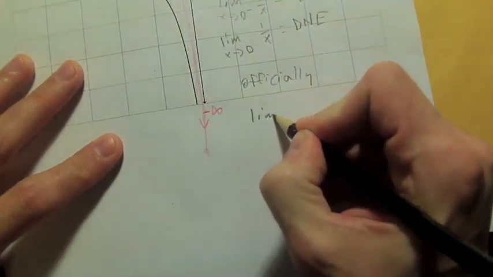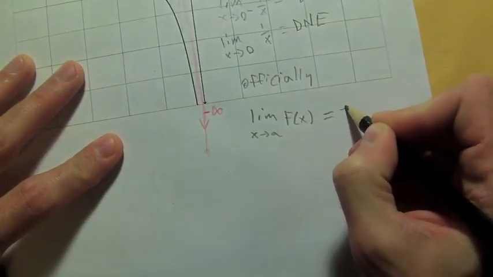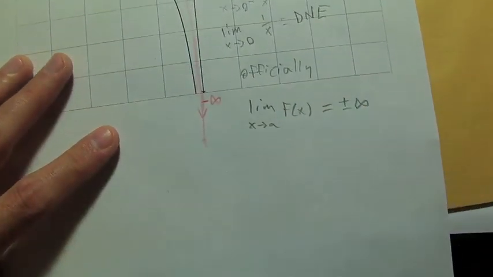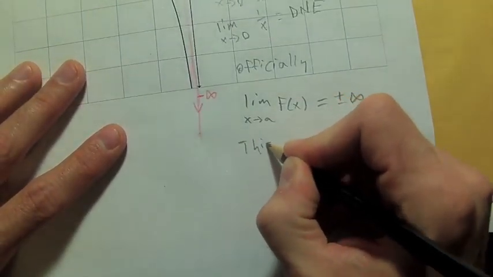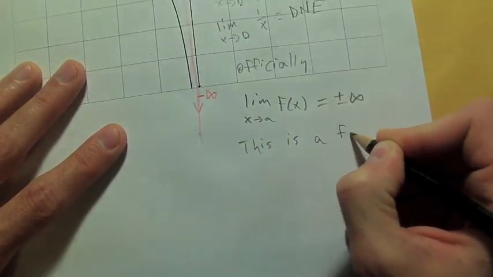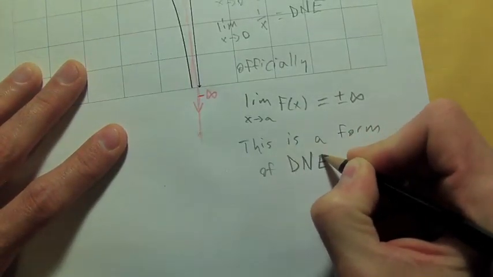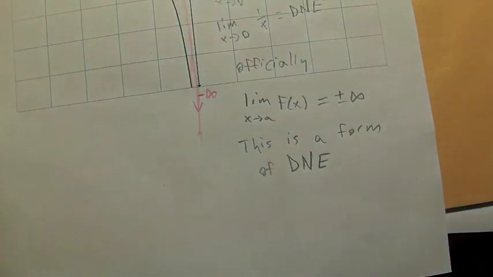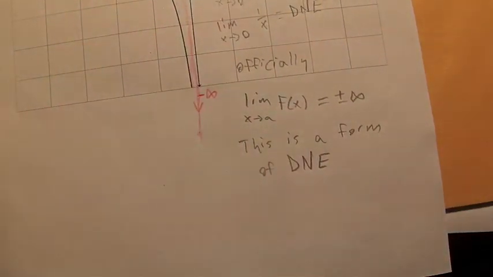Officially, when the limit as x goes to a of f of x equals positive or negative infinity, this is a form of does not exist. But it's a very special kind of does not exist. It's a type of does not exist where we can actually talk about what the function is doing.